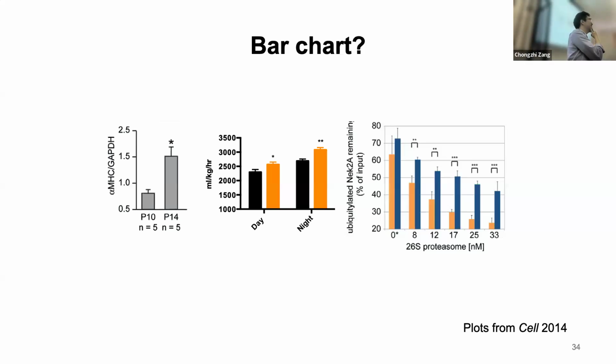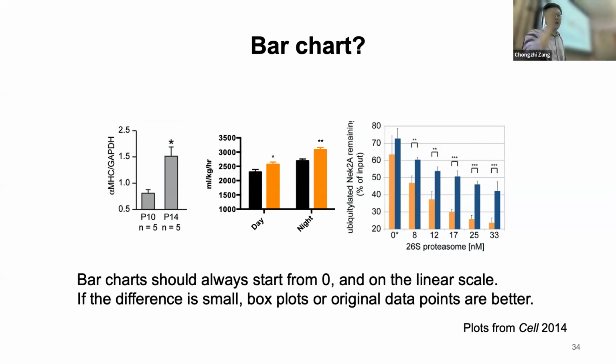Yes? They all have different starting points and should be normalized to 0. Right. So they are all on different scales. But for a bar chart, keep in mind that it should always start from 0, because the height of the bar gives you information, right?